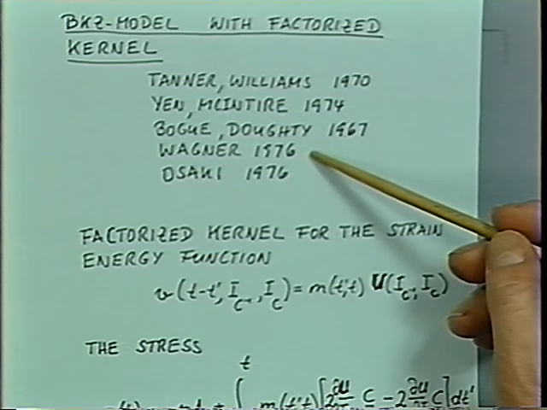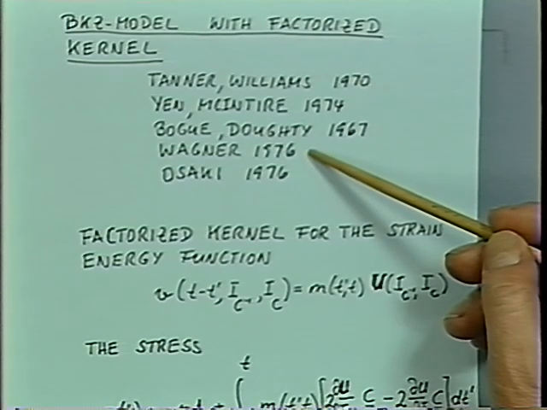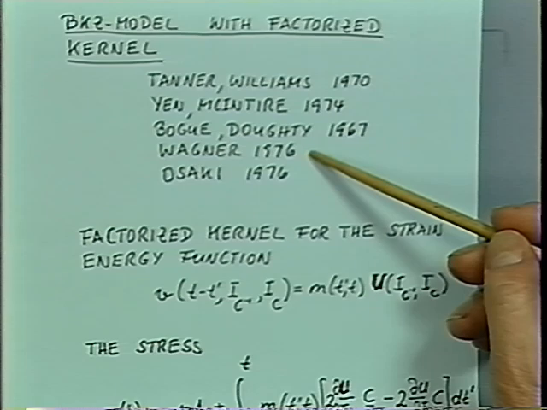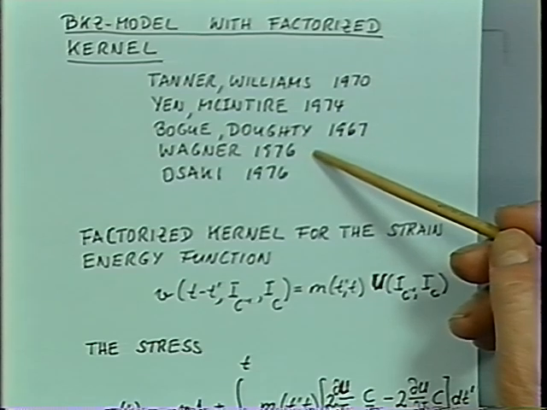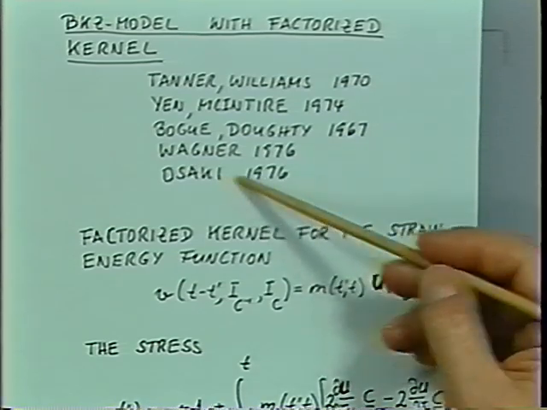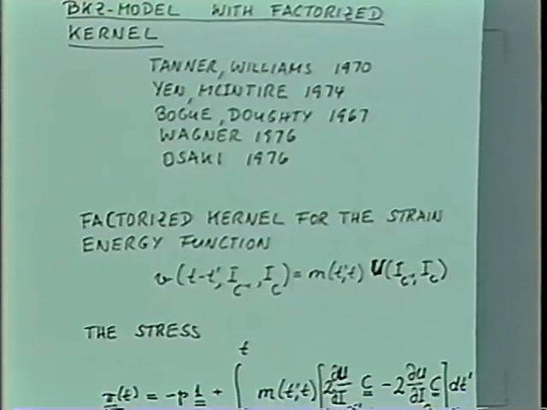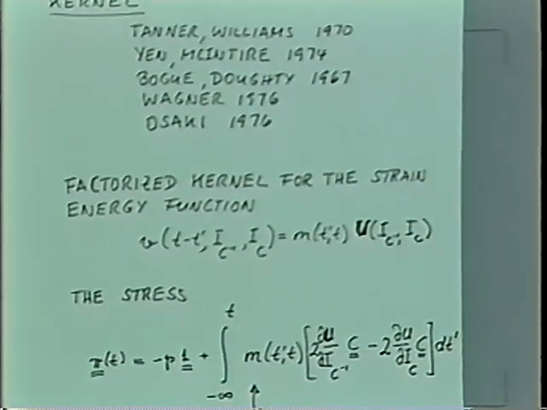He was the one showing that this concept is indeed fruitful, that this leads to very good predictions, agreeing with the experiments. So sometimes the model is called the Wagner model because of his very nice papers. And Osaki was, of course, also involved in that at the same time as Wagner.